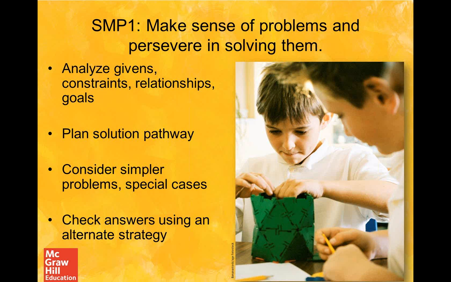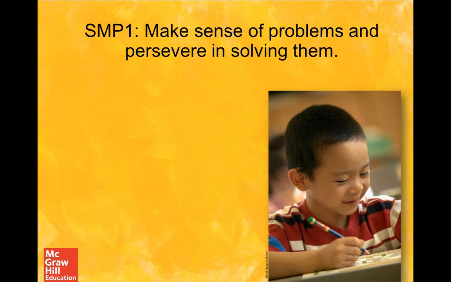They can graph the data and then search for the regularity or the trends, while younger students might rely on more concrete objects or manipulatives or pictures as a way to help them to conceptualize and solve the problem. Either way, mathematically proficient students check their answers to the problems by using a different method, and they continually ask themselves, does this make sense?